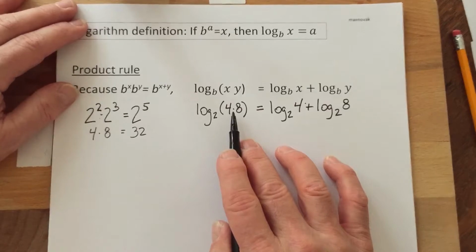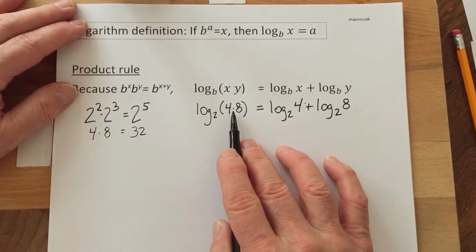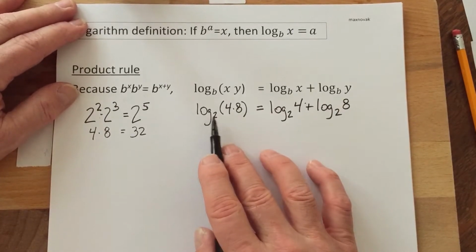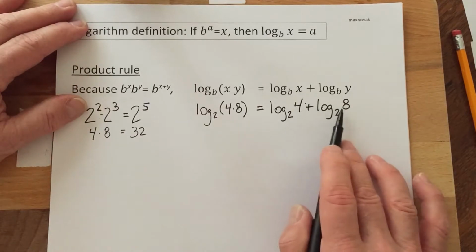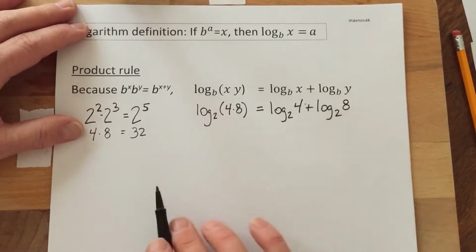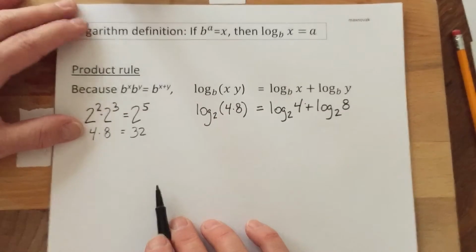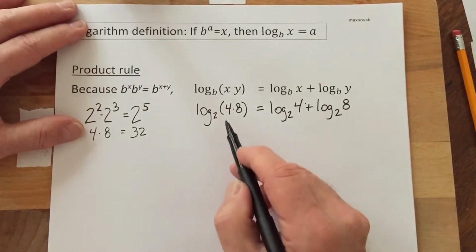If you have a product as your argument for a log, you separate the elements of that product into individual additions.